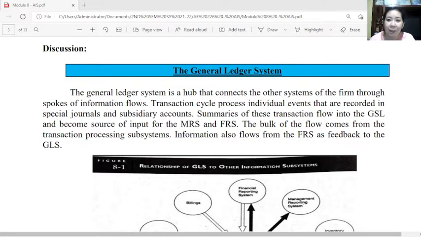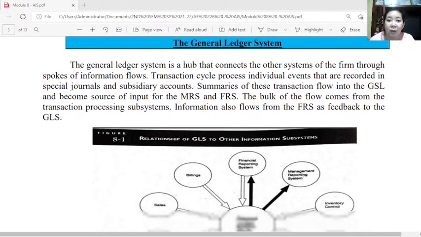Then basically this will be the input that we will use later on in preparing the financial statements and other related and necessary financial reports to be used by the management. The bulk of the flow comes basically from the transaction processing subsystems. And the information will also flow from the financial reporting system as feedback to our general ledger system.